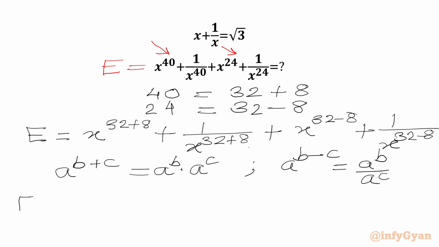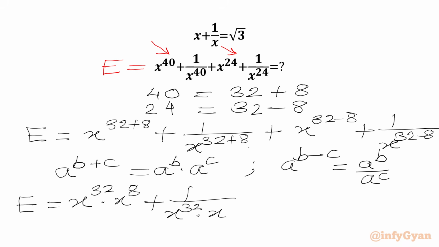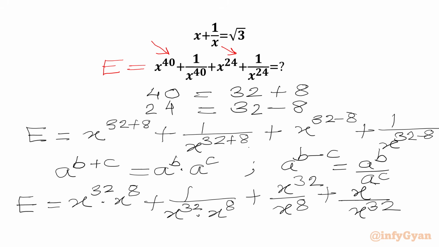So we will write E equal to x power 32 times x power 8 plus 1 over x power 32 times x power 8 plus x power 32 over x power 8, plus x power 32 in the denominator and in the numerator x power 8.